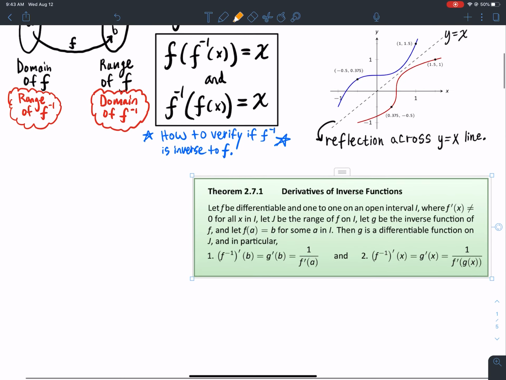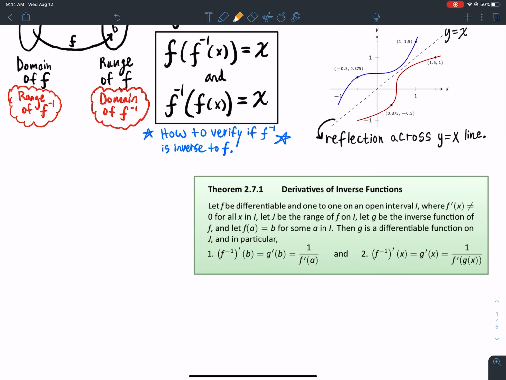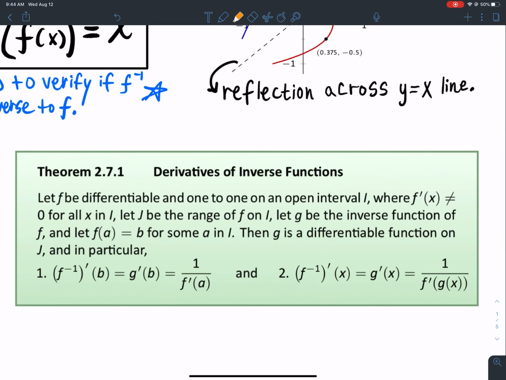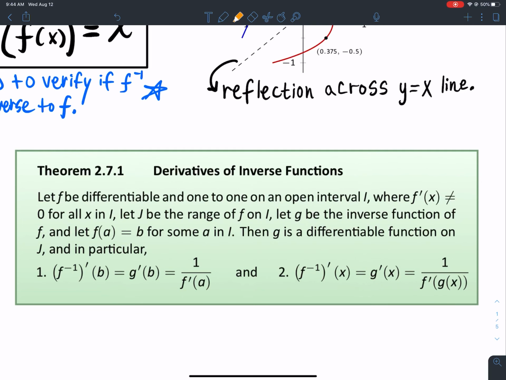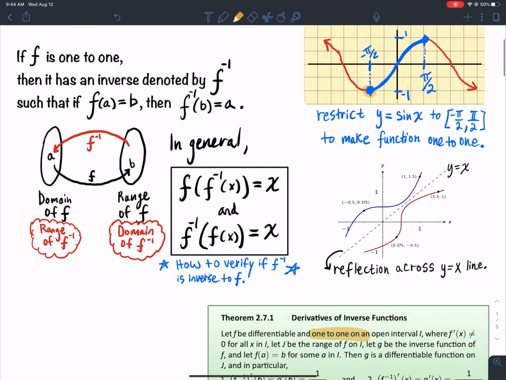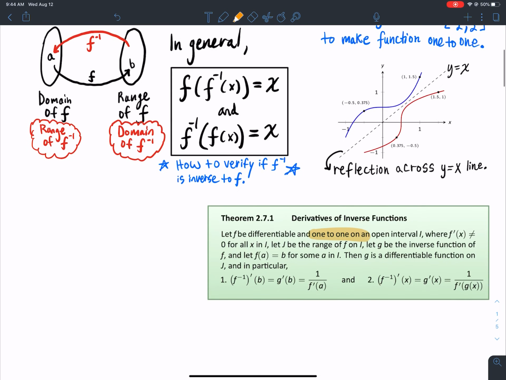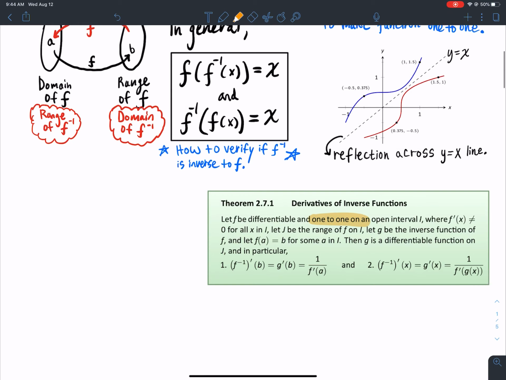Now, since this is not college algebra, this is calculus, we're going to talk about taking derivatives of inverse functions. So for derivatives of inverse functions, f needs to be differentiable and 1-to-1. We need it to be differentiable. We also need it to be 1-to-1. If it's 1-to-1, we know the inverse is a function, right?